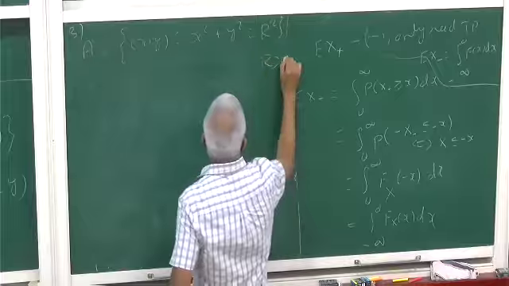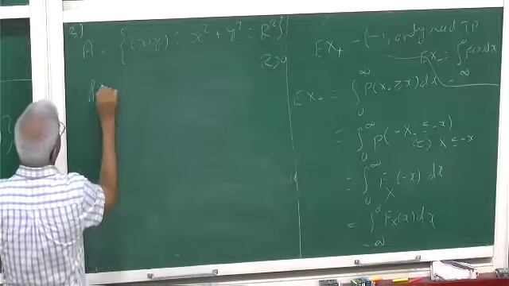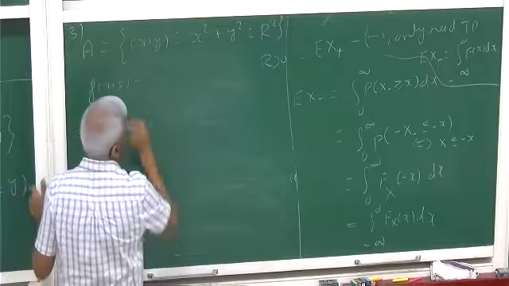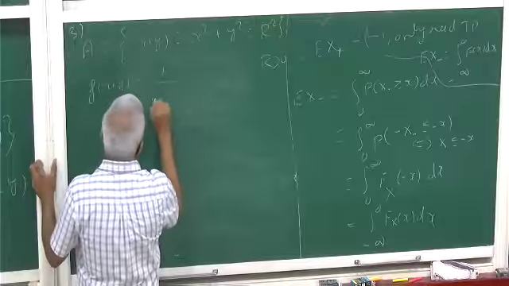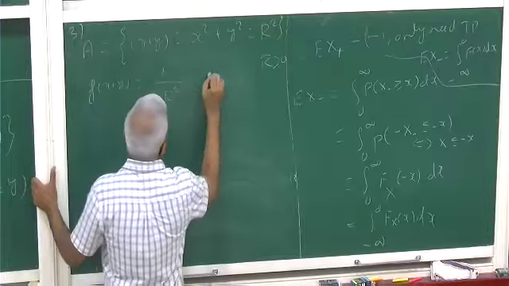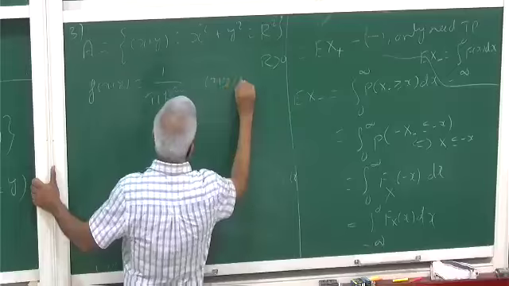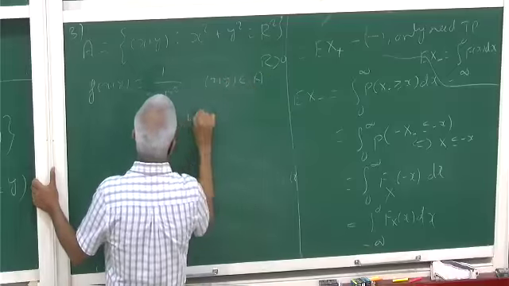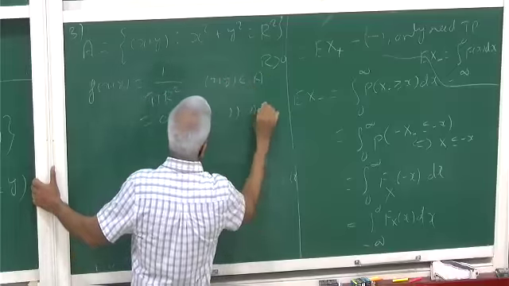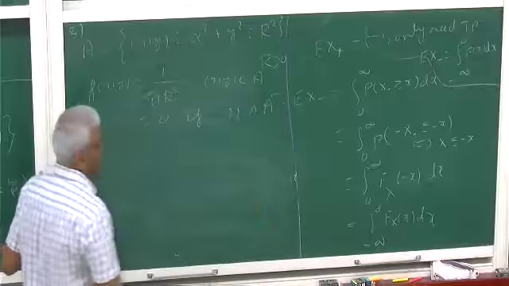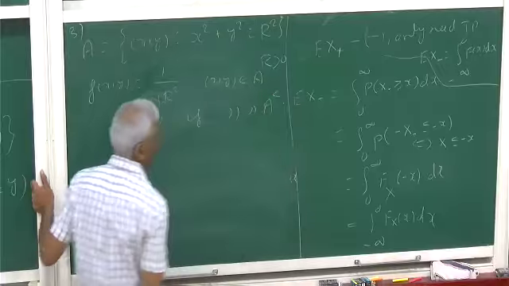Then you can define f(x, y) equal to 1 by pi r square if (x, y) is in A, and equal to 0 if (x, y) is in the complement.